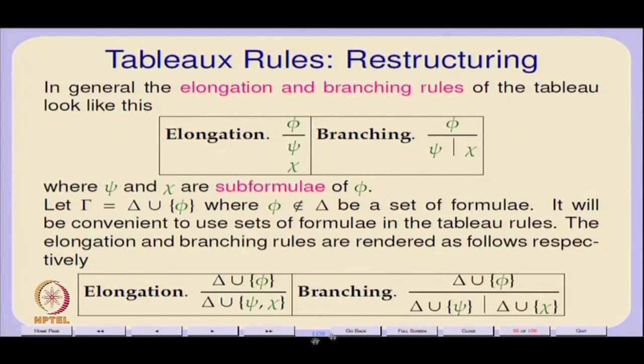In this case, by carrying all these formulas in both the numerator and the denominator, essentially we are saying that this is just updation, okay, and I can regard this horizontal line also as a barrier. I should not go above this horizontal line ever. I have to only look at all the formulas at the leaf of the tableau. So, everything else in the tableau is just history and it is not important, right.